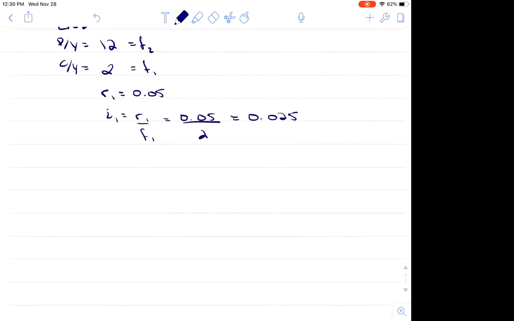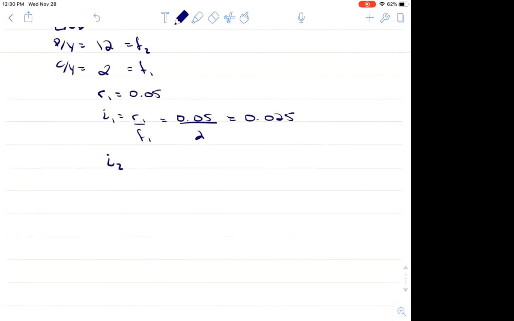So calculating I2, because as you noticed, we use I2 a lot in this table. I2 is 1 plus I1 to the power of F1 over F2 minus 1. 1 plus 0.025 to the power of 2 over 12 minus 1.